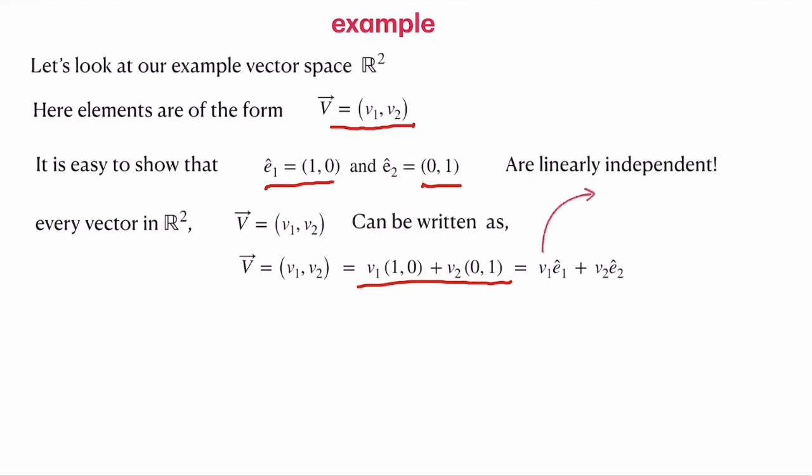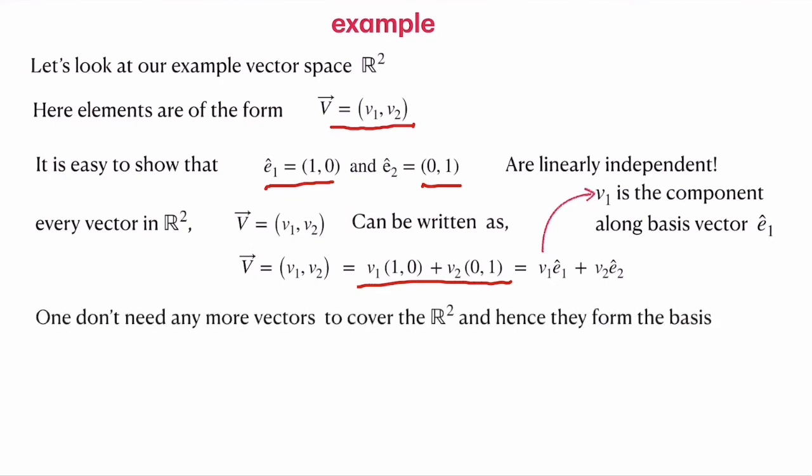Here V1 and V2 we call the components along the basis, and E1 and E2 are the basis vectors. One doesn't need any more vector elements to describe all the elements of R2, which is to say that these form a complete set, or they can span the full R2, so they form the basis.